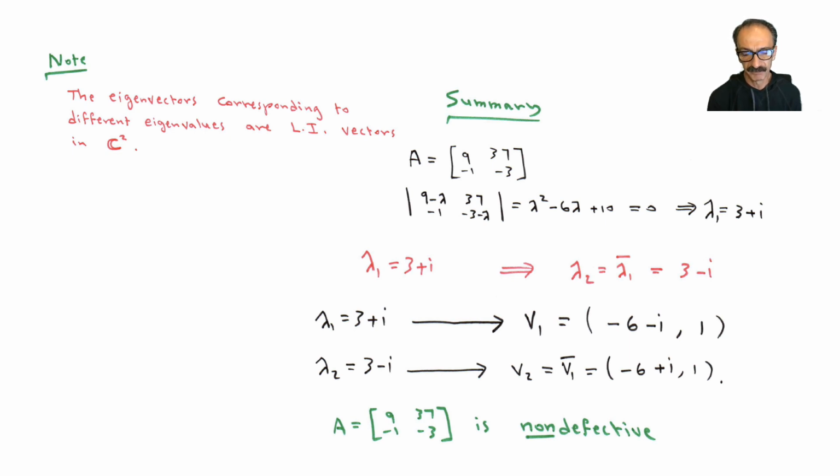No, problems are different cases, so you can't use that as a fact. All I'm trying to say is we practiced distinct and repeated lambdas, and the final example was this one, which is complex lambdas and the complex vectors that correspond to them.